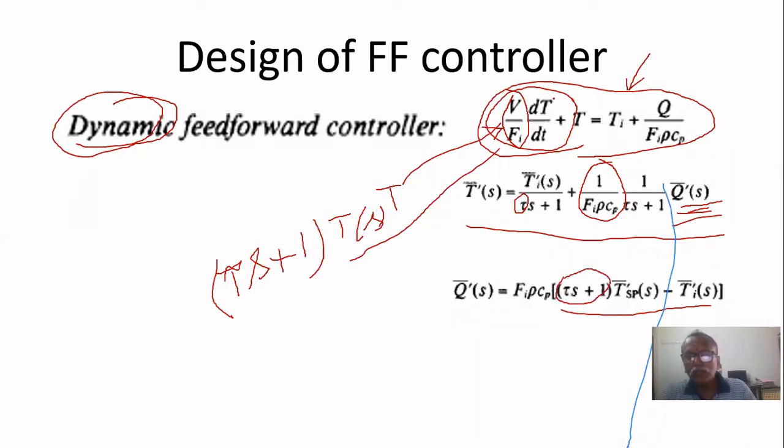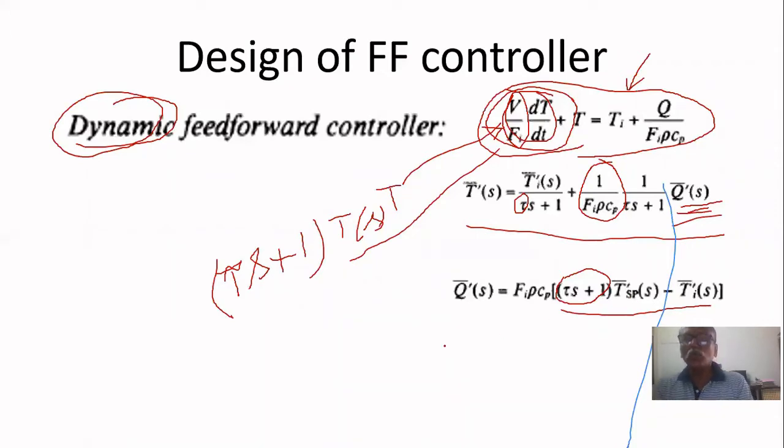We take the Laplace transform. We are not making this equal to 0. We are assuming the dynamics part is there, because we are designing a dynamic controller. So what we are getting is tau S plus 1 as the additional term that should be multiplied by T set point of S. That is the only difference.